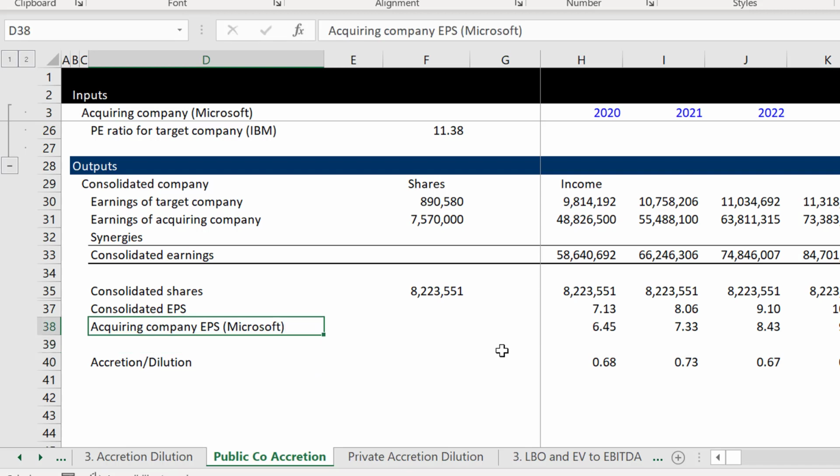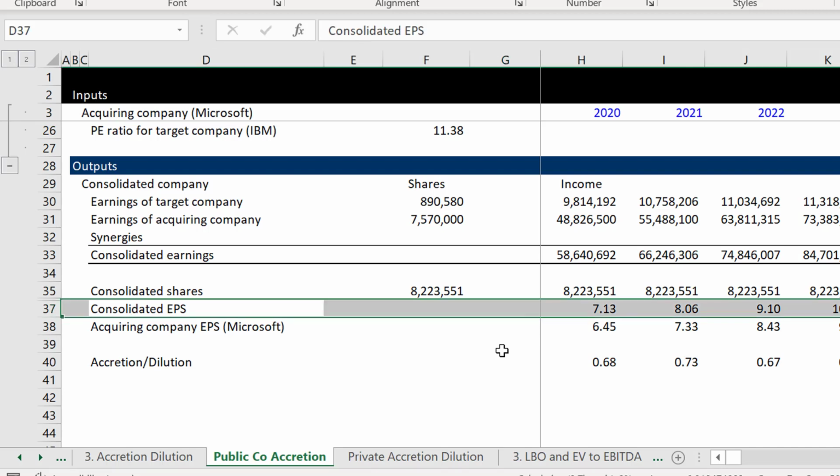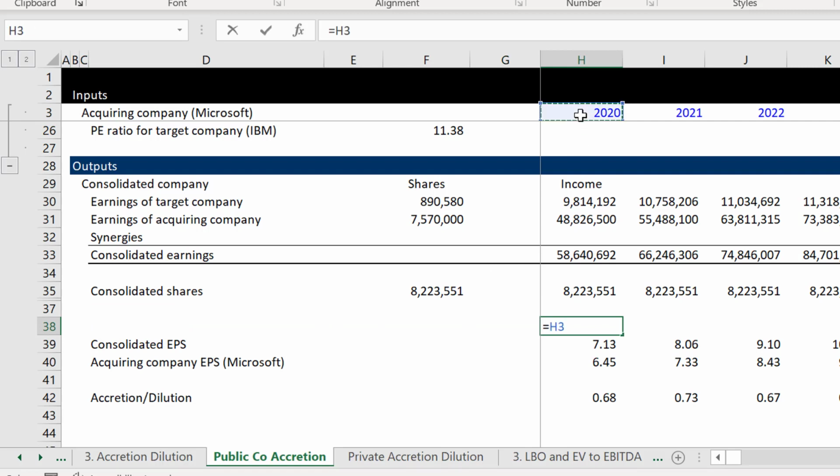And we can see what the result is. What happened is every single time, remember this had no synergies, let's make a little graph of this. When you make a graph, you want to leave this blank, of course, and you want to put in the year.